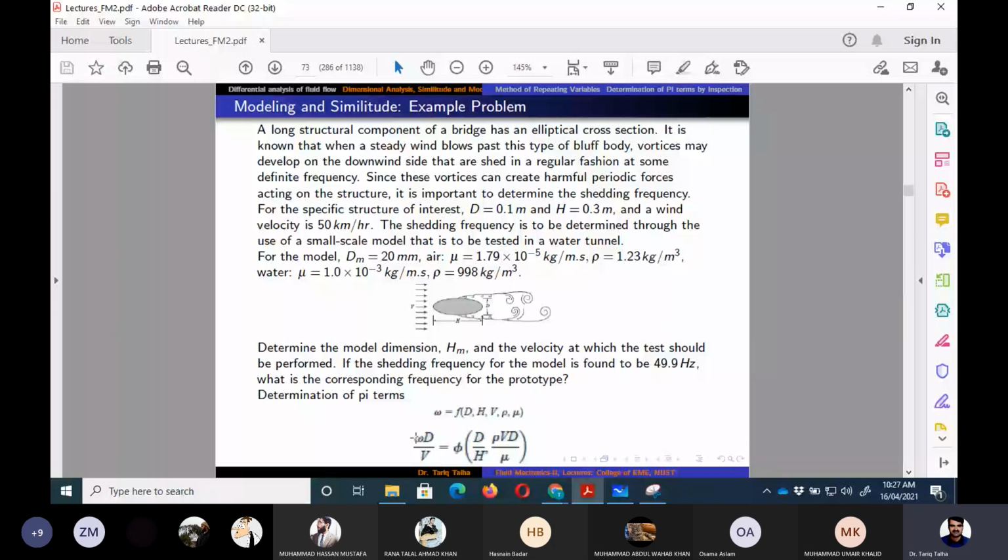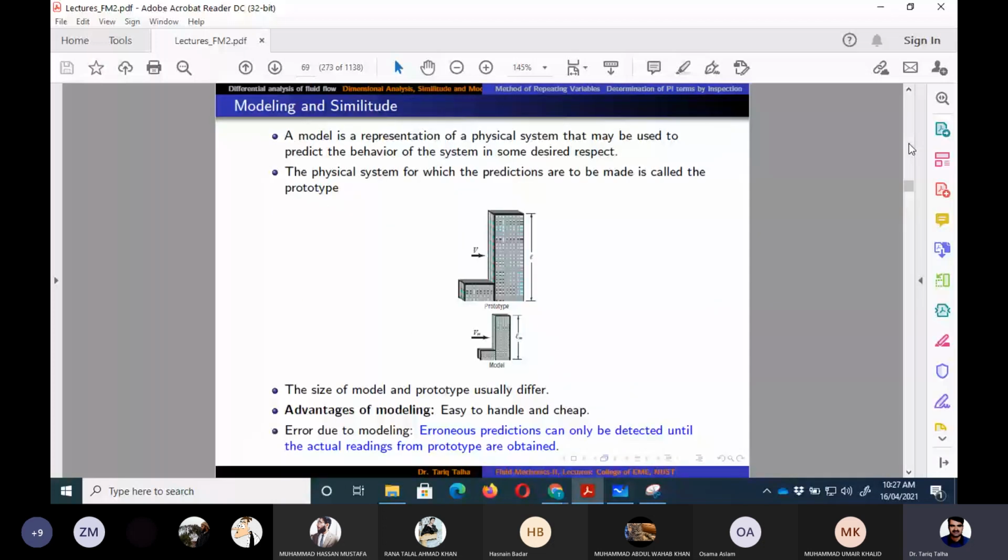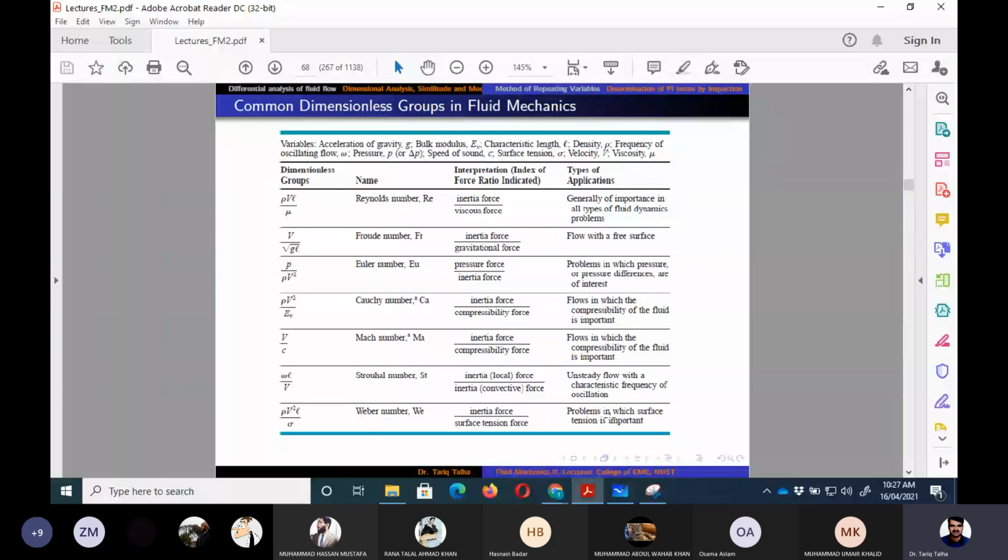So we would eventually get to this ω d upon V function of d upon h and Reynolds number. Now, this pi term on the left hand side, if I take you back to the table which we discussed in the last class, here if you see that a problem where there is some kind of frequency of oscillation involved, there is ω L upon V. But what is this L here?